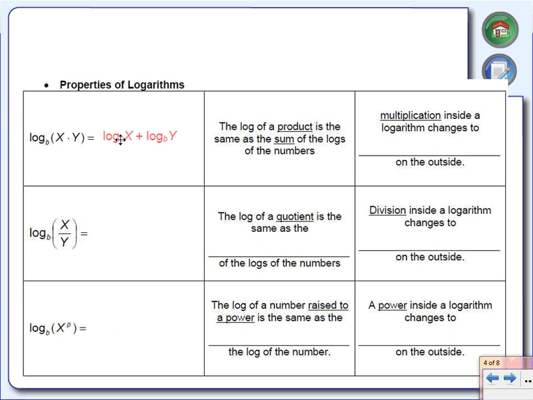In other words, we can rewrite this as log base b of x plus log base b of y. So again, the log of a product is the same as the sum of the log of the numbers. Multiplication inside a logarithm can change to addition on the outside. So remember, multiplication, addition, multiplication, addition.